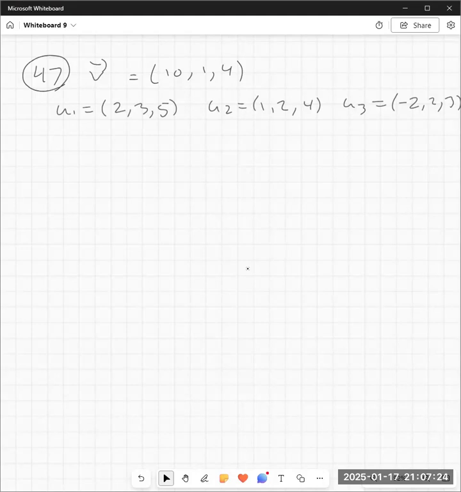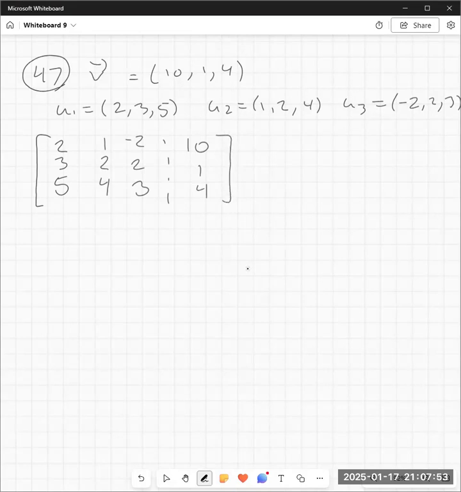So we want to set up our matrix here. This is (2, 3, 5), (1, 2, 4), (-2, 2, 3), and we want that to make up (10, 1, 4).